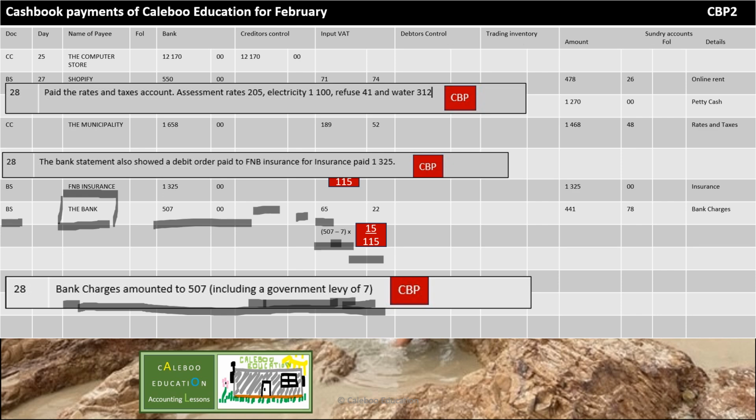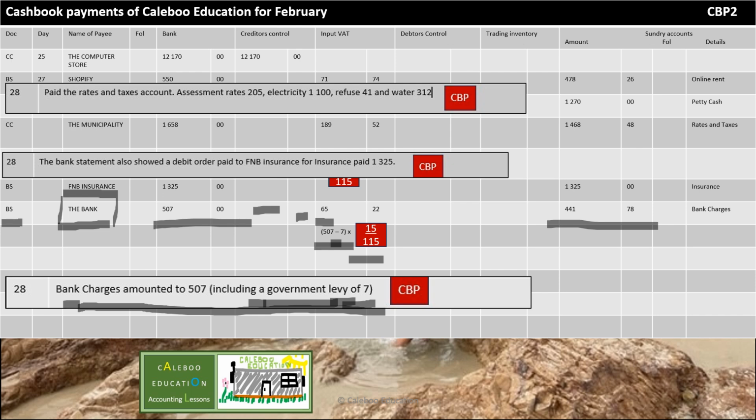And 507 minus 65.22 is bank charges excluding VAT: 441.78.